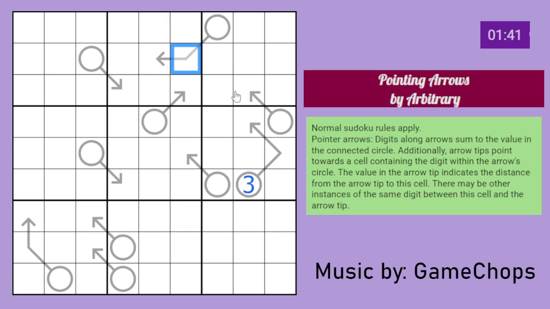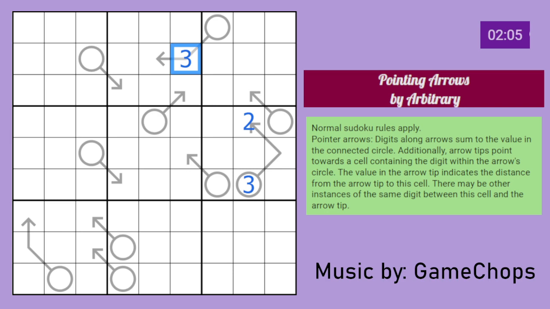But there is an additional constraint. Not only must it point to that digit, the value in the arrow tip, so say this was a 2, indicates the distance from the arrow tip to this cell. So if this was a 2, then the 3 that it's pointing to must be 2 cells away. So I would assume a 3 is there.